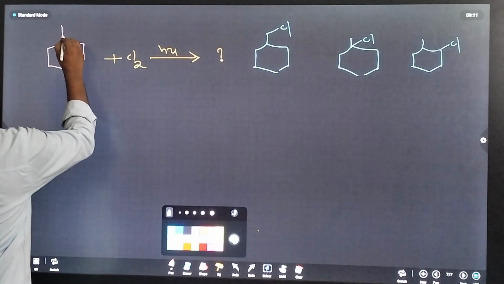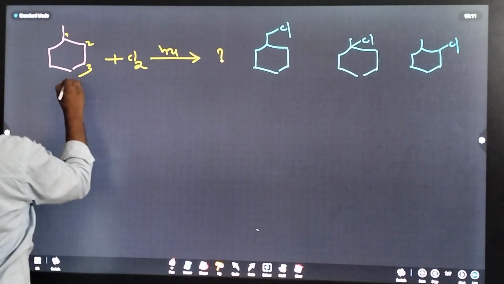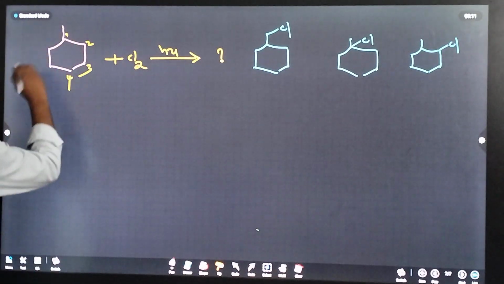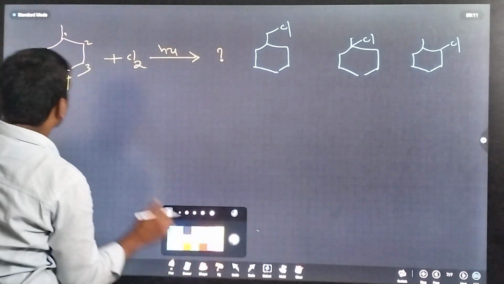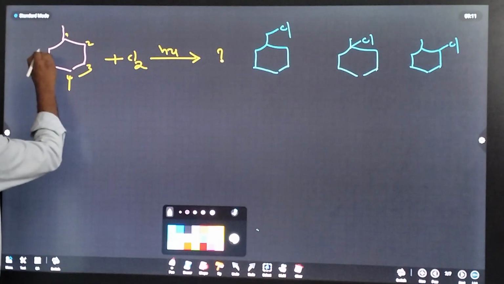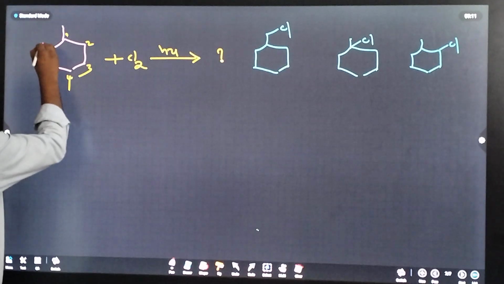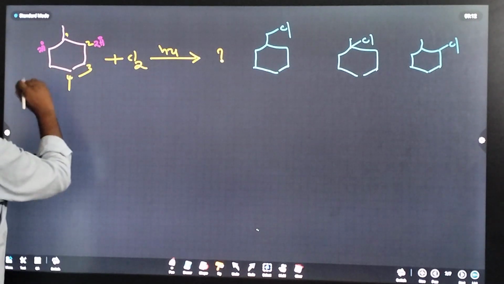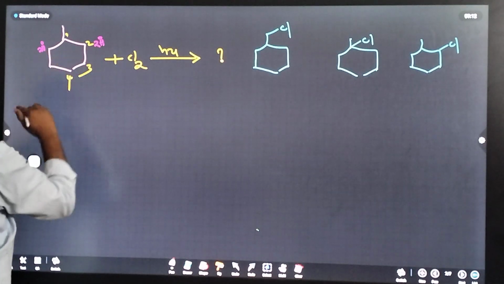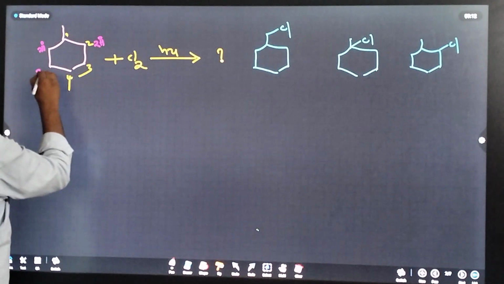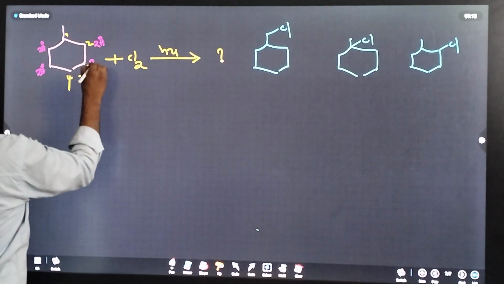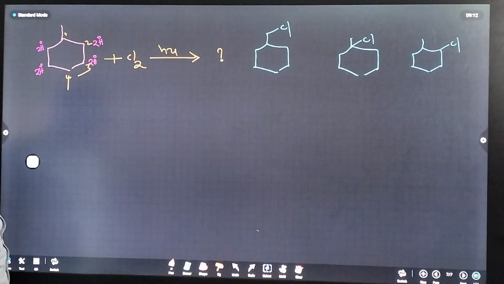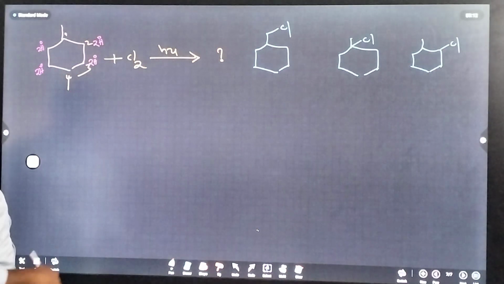So here this is 1, 2, 3, 4. These are secondary hydrogens, and these 4 hydrogens are the same. Because these 4 are present in the second position, they are different from the third position hydrogens.